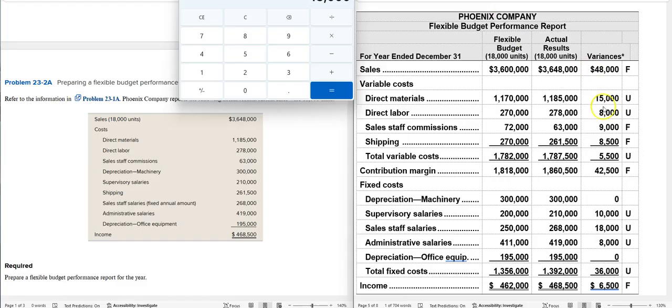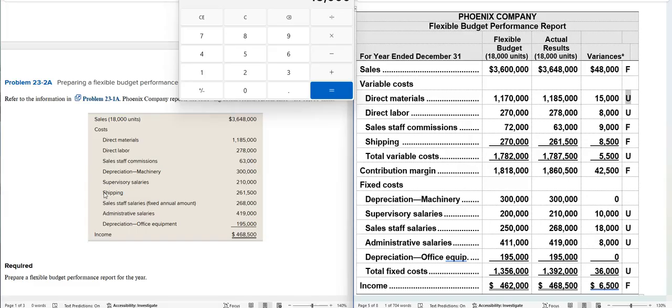There is a dollar difference variance of 15 grand. My actual material costs were greater than what my budget says they should have been for selling 18,000 units. That is unfavorable, right? Because we do not want our cost to be higher than what we planned.